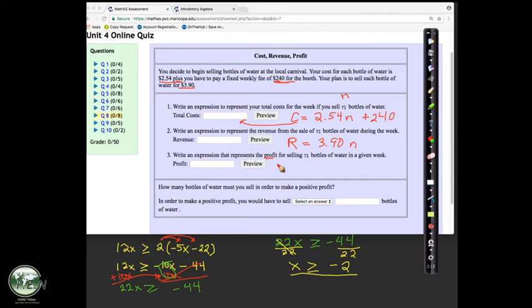So what is profit? Well, we take our $3.90, our revenue, and we subtract off the cost. So if we subtract off, it's going to distribute to both of these. So it's maybe a little shortcut, but minus 2.54n, and then minus 240.